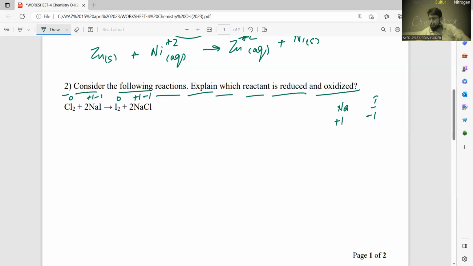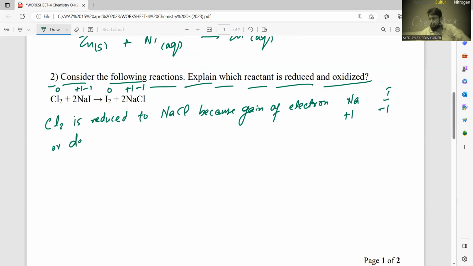So we will write Cl2 is reduced to NaCl because of gain of electron, Cl has gained an electron, or you can write decrease in oxidation state or number, that is 0 to -1.